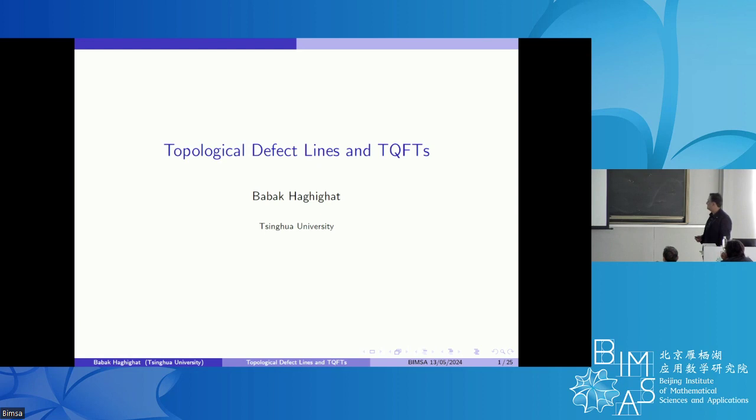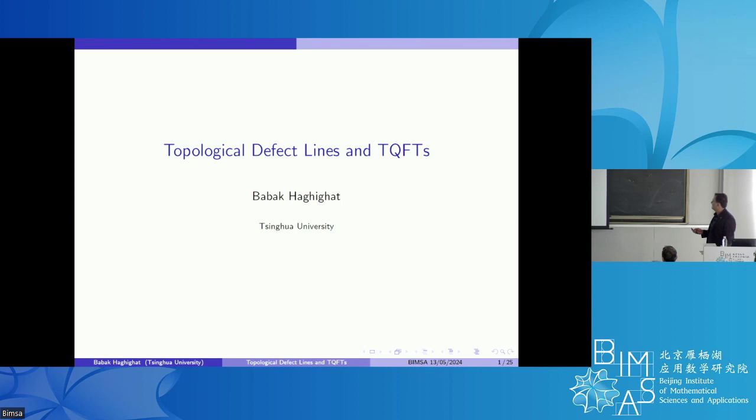So the talk is about topological defect lines and topological quantum field theories. Of course, these objects one can define in many numbers of dimensions, but I will be focusing on so-called 2D and 3D theories.